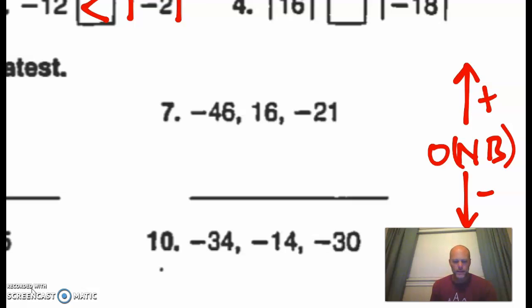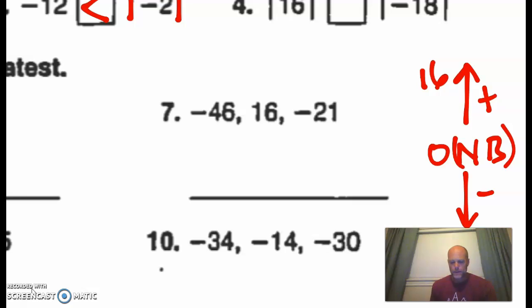So why don't we just go ahead and do number 7? -46 would be down below, right? Be down here. And then we have 16, which is a positive number, so it'd be up here somewhere. And then we have -21. There we go. -21 for the third value.